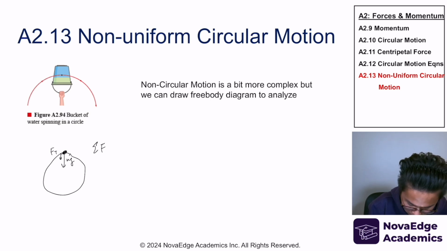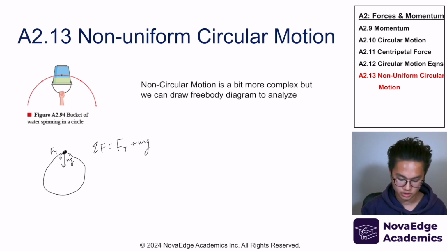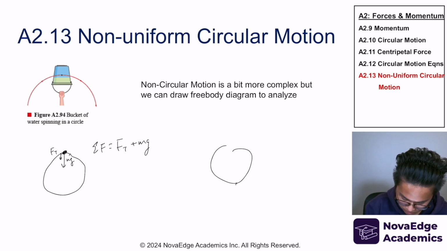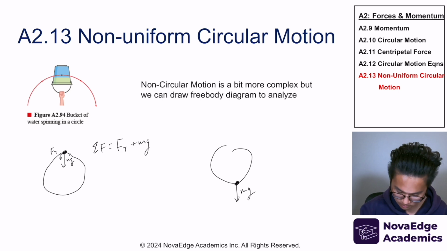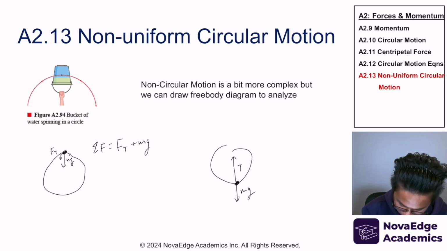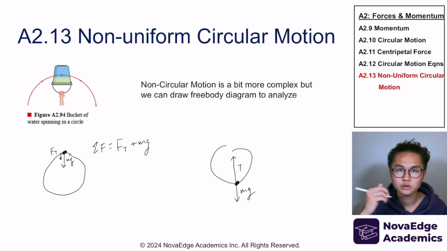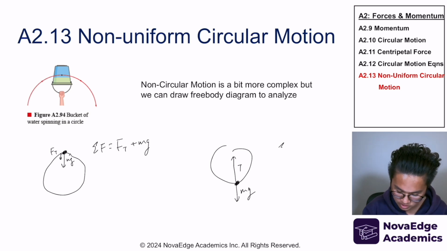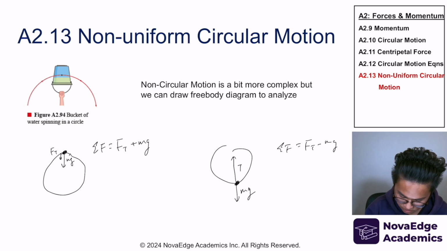So net force, which is the centripetal force, is equal to the small force of tension and mg. Okay? But if the object is at the bottom, I have mg, which is constant, the same, but tension, which is now larger, right? So the net force is equal to force of tension minus mg, and that is the centripetal force.